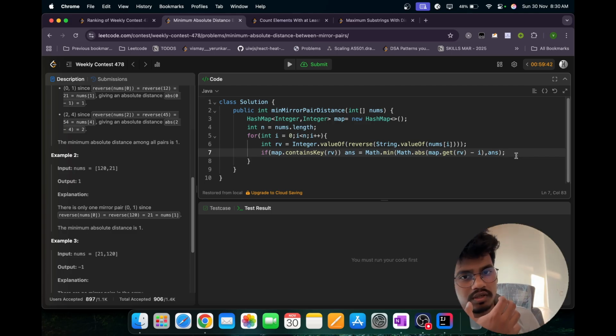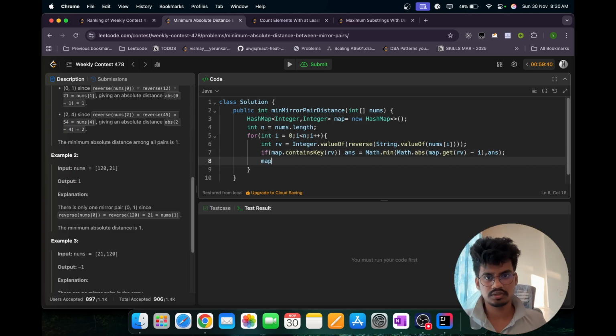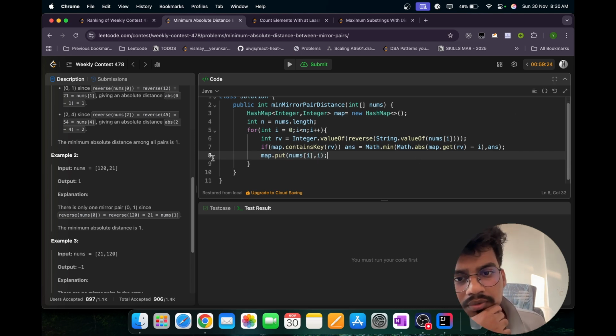This is the difference, and I just add to the map the current number, nums[i] with i.